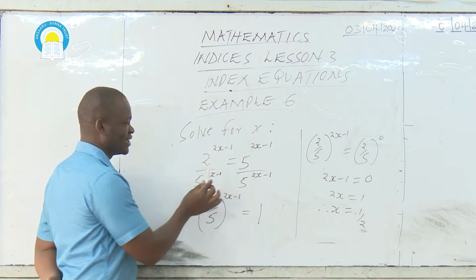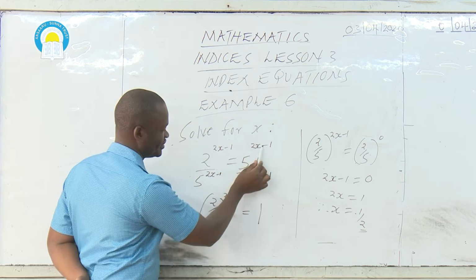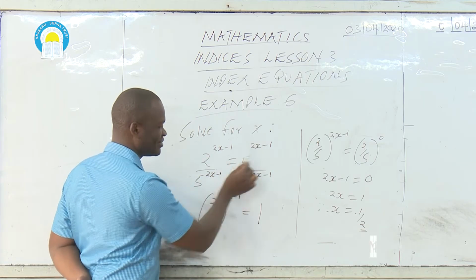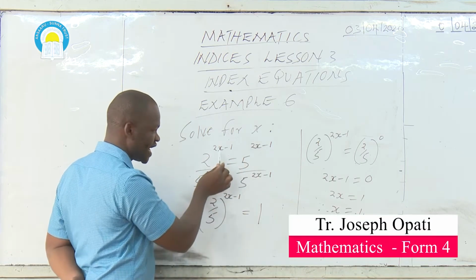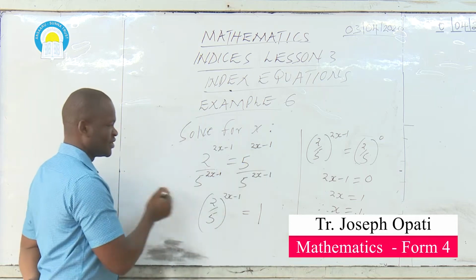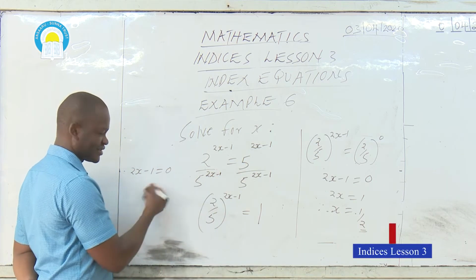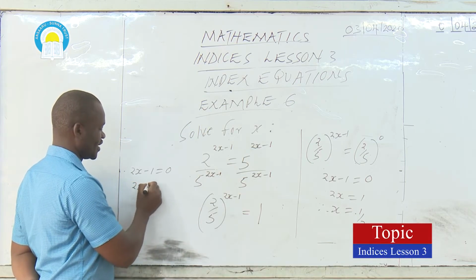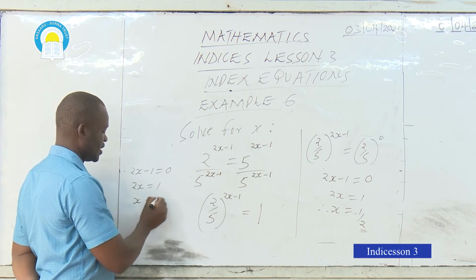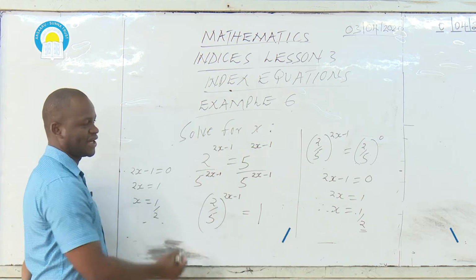And of course, we said method 2 will be the simplest approach. Whenever we have the powers being similar, and that's where the unknown is, what do you do? You just take the power and equate it to 0. So 2x will be 1, meaning x will be a half.